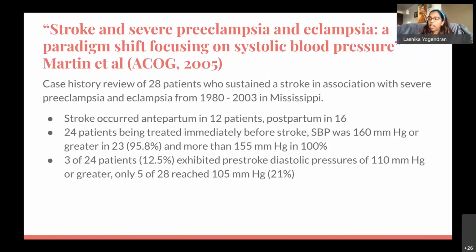So I wanted to talk next about this study, which was done in 2005. Maybe some of you who have been practicing OB longer than I have can weigh in. When I was looking into research about why we choose 160 over 110 as the marker for severe hypertension, it sounds like 15 or 20 years ago, experts and OB providers were using diastolic blood pressure as more of an indication of whether to treat, because of implications for stroke.